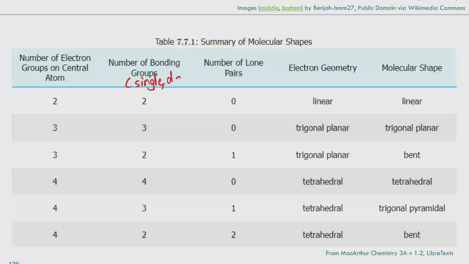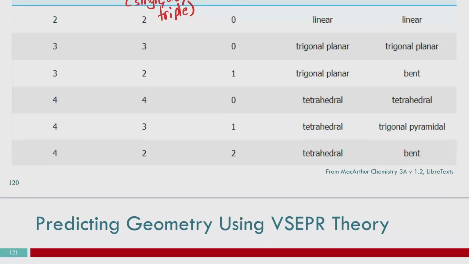They all count as 1. So if we've got this number of bonding groups and then this number of lone pairs, these are the electron geometries, and these are the molecular shapes. You've got a maximum of 5 different options for your molecular shape. Our electron geometry is simpler. We only have 3 possible options.